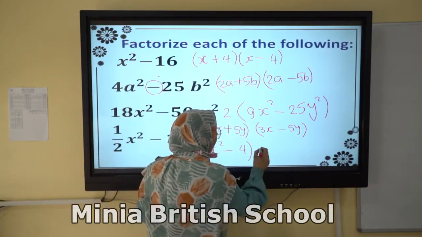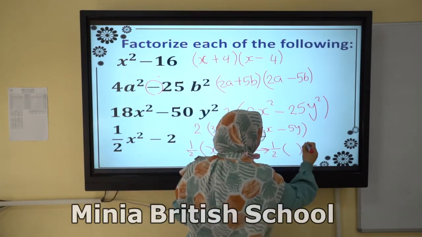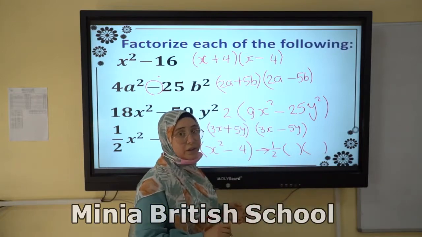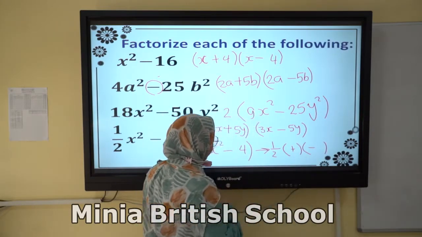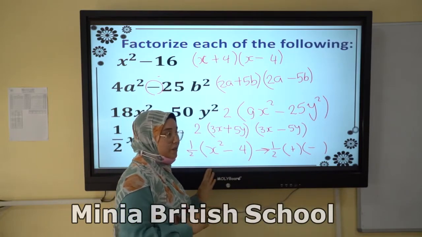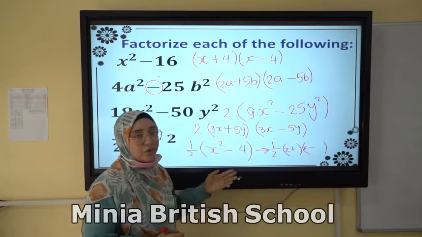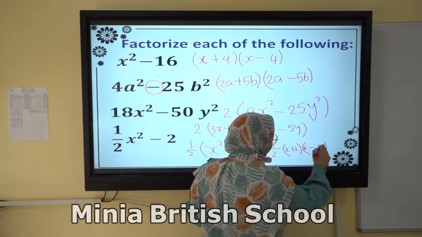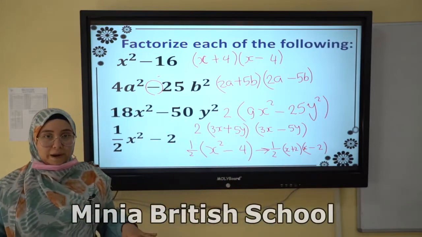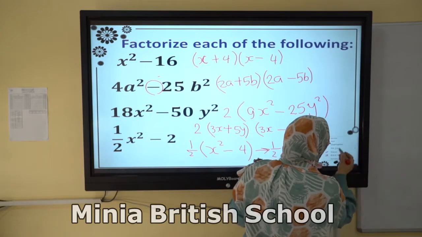Now write half as the same, open two pairs of arcs, one of them takes the positive sign and the other takes the negative sign. The square root of the first term is x, here x, and the square root of the second term, 4, is 2, and also here 2.